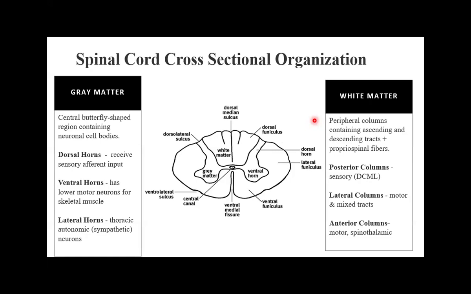D7, D8, D9 will be 3 levels higher. And D10 will correspond to L1. L1, L2, the vertebral segment will be 2 levels higher. If it is D6, then it will be at D6 spinal segment, it will be D4 vertebral.